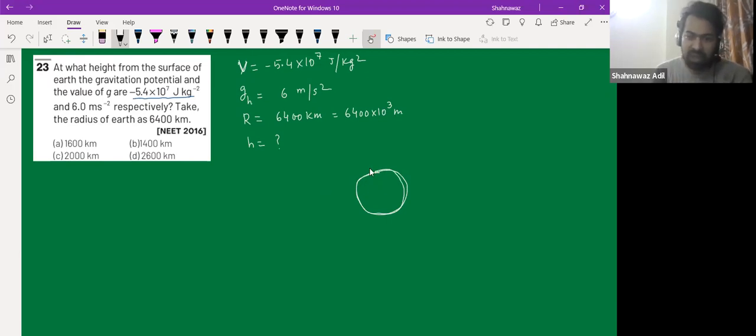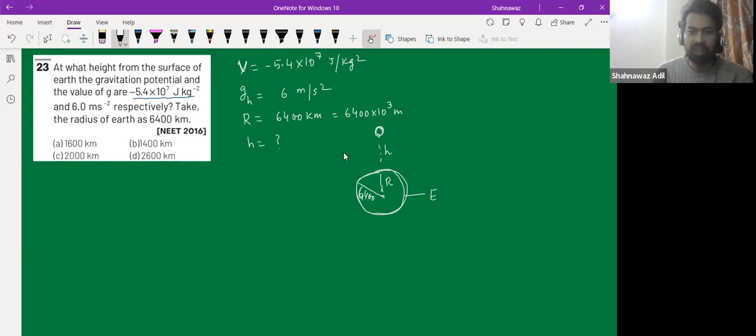It has some radius, which is 6,400 kilometer. And we know that the object is at a certain height. So let's say this is h, and this thing we already know is R.